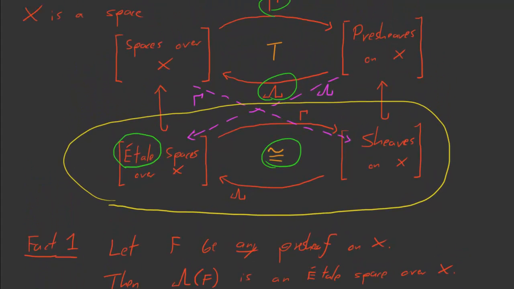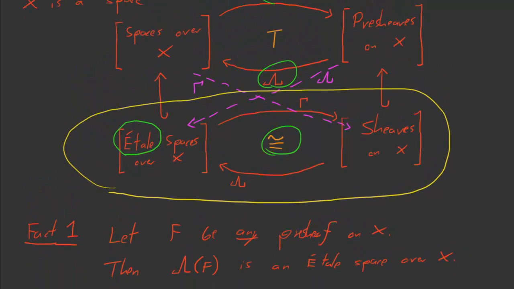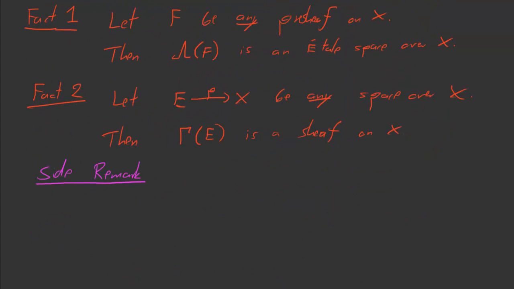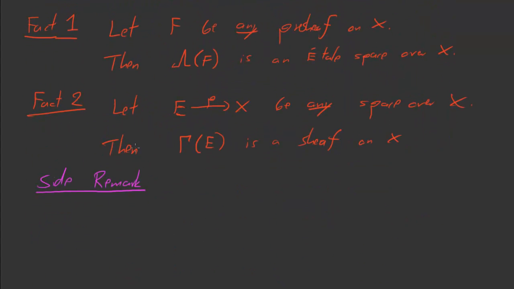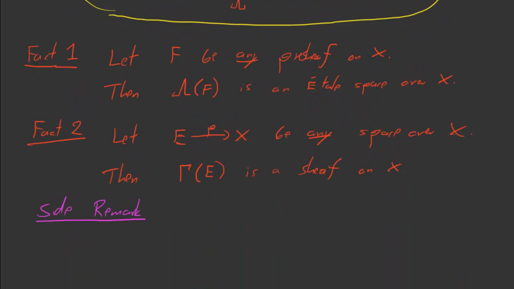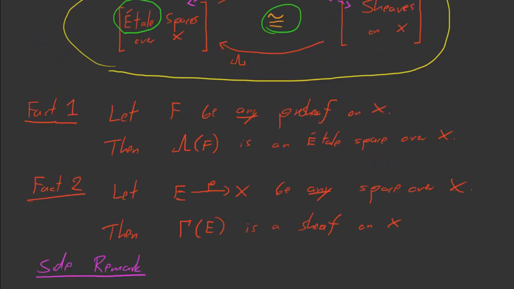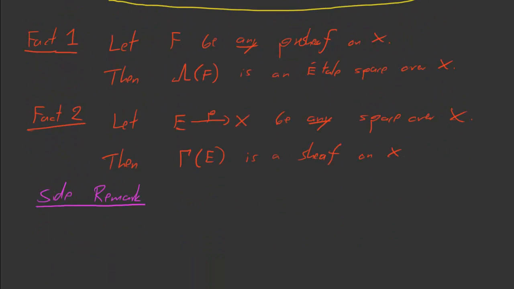There might not be anything nice about it, but it turns out that space is quite nice. It's in fact an Etale space. And similarly, this fact says you get something nicer than what you might expect. If you start with any space and apply gamma, you might think you would just end up with a pre-sheaf, but you actually end up with a sheaf, something with more structure. So there's this kind of refinement process going on when you apply gamma and when you apply lambda.